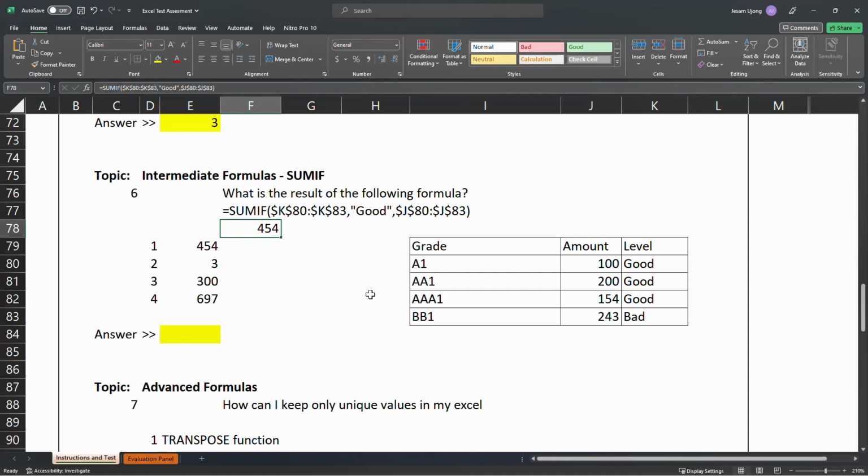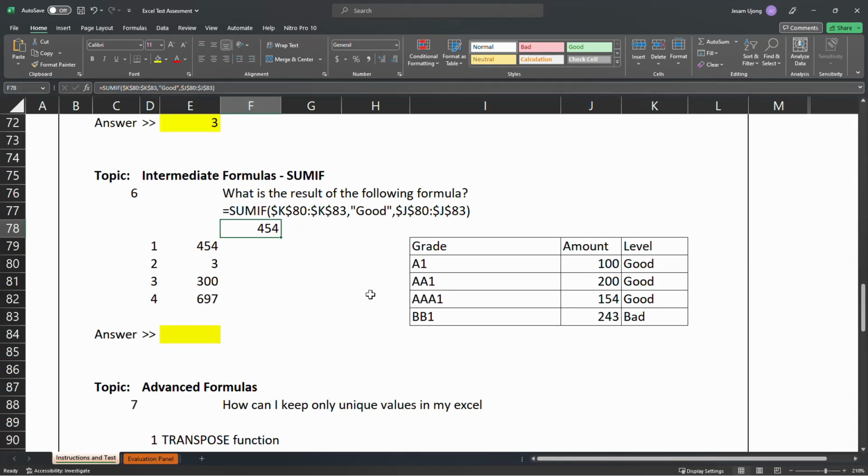Yes, Femi. I see that we're locking the dollar sign. That's absolute referencing here. What's the difference if you don't lock the dollar sign? Does it make any difference for this particular one?